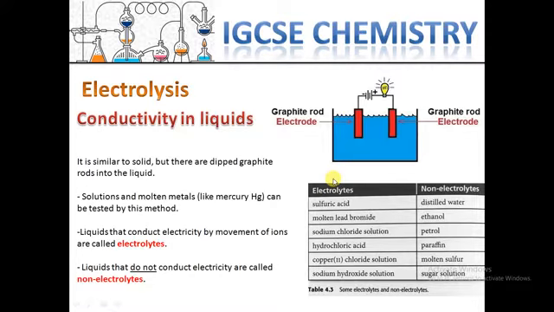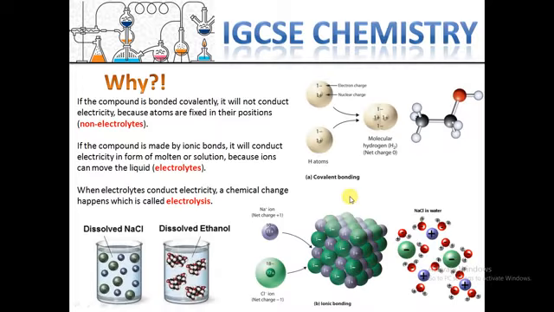So why can electrolytes conduct electricity, and why can't non-electrolytes? This is related to the structure, the bonding. This slide shows that if a compound is bonded covalently, it will not conduct electricity because the atoms are fixed in their positions.